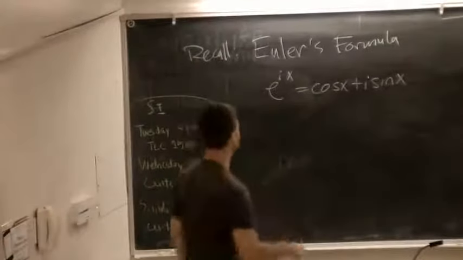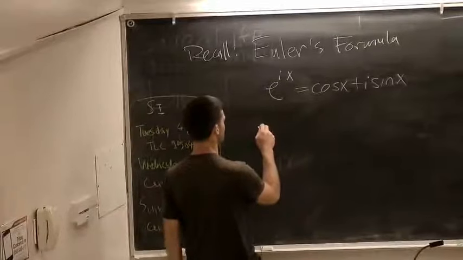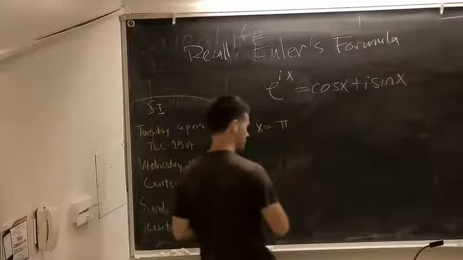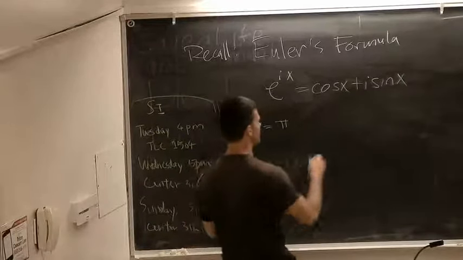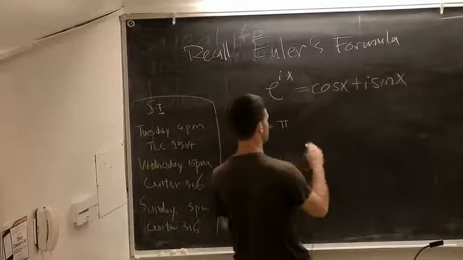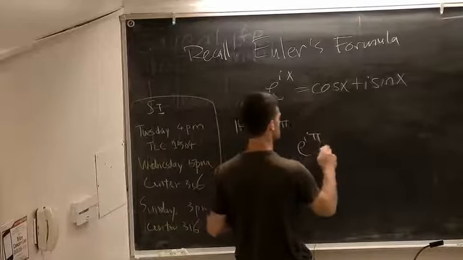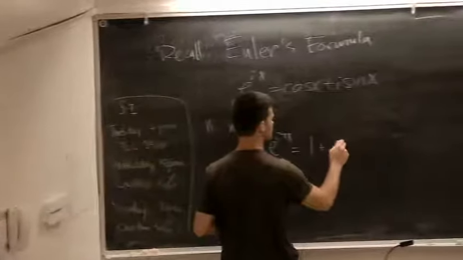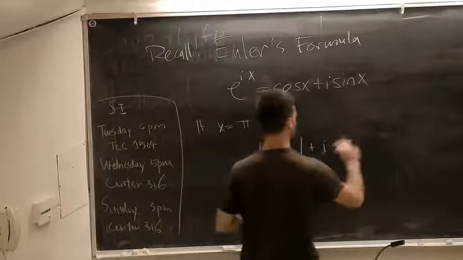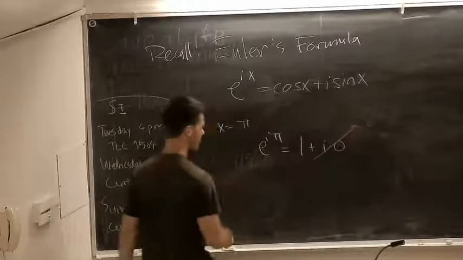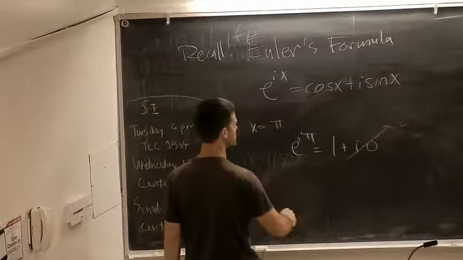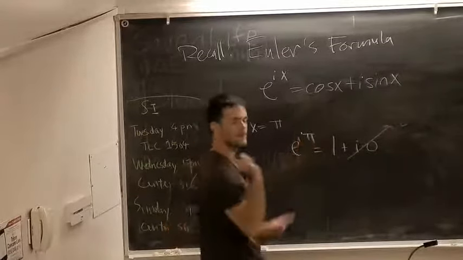I mentioned at the end of class on Friday that if x is equal to pi, and you plug in pi here, cos pi is 1, sine pi is 0, so that's i times 0, which goes away. Sorry, I made a mistake.